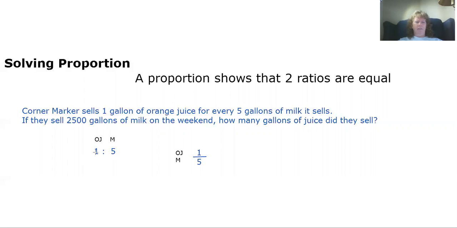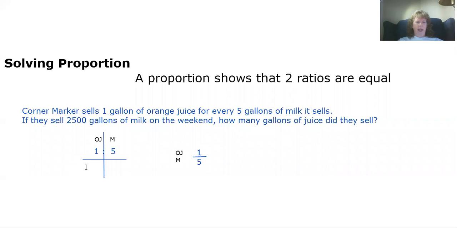So after I get the first ratio written from the sentence, 1 gallon of orange juice for every 5 gallons of milk, I go to the next part of the problem. If they sell 2,500 gallons of milk on the weekend, I want to put 2,500 with the amount for milk. In the way I have this first one written, the 2,500 would go under M. So I'm just going to make a little cross chart here to put my numbers in, because that makes it easier when I'm typing.